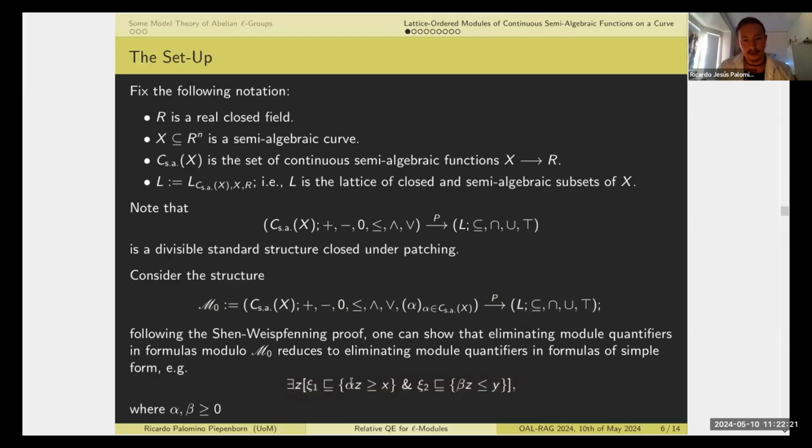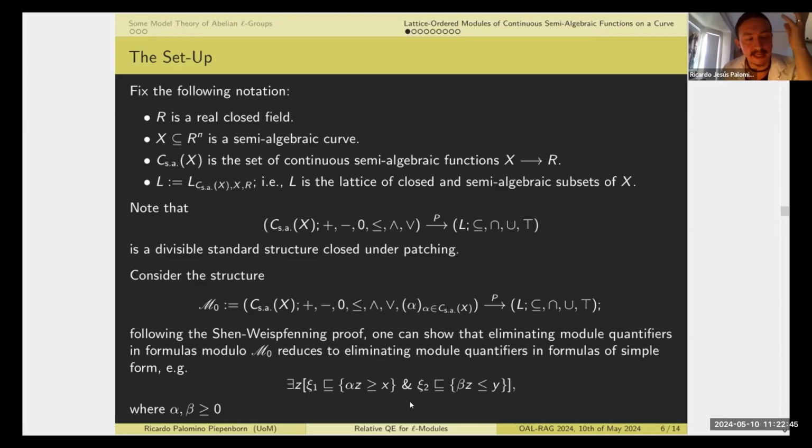And you see here now the difference with the previous statement is that you have certain scalars that appear in this positivity set. And these are going to make things a bit more challenging, trying to adapt this Shen and Weispfenning proof. Yeah. So we want to eliminate module sorted quantifiers in formulas of this very simple form.